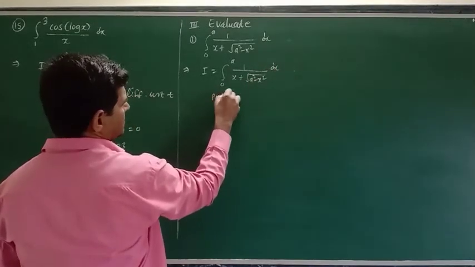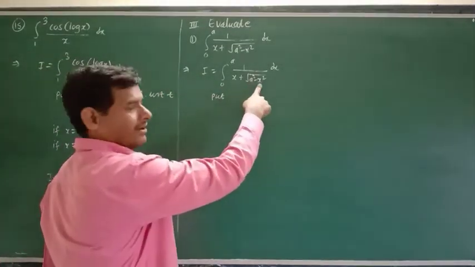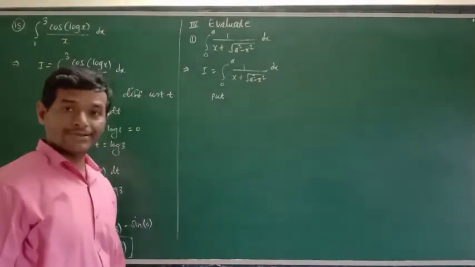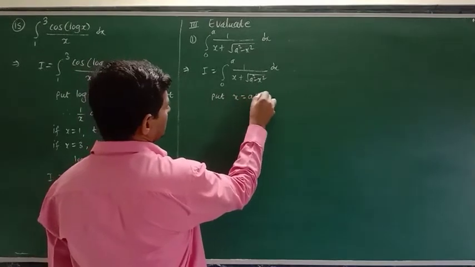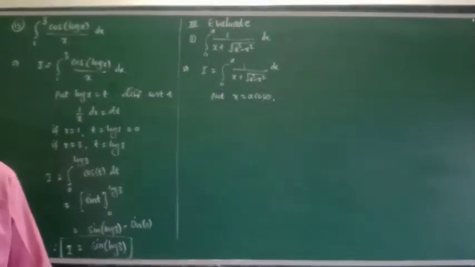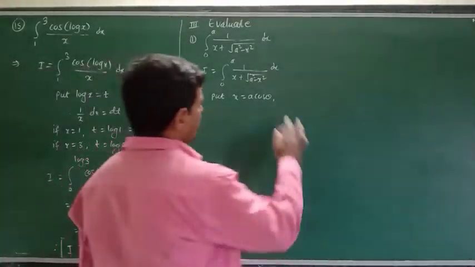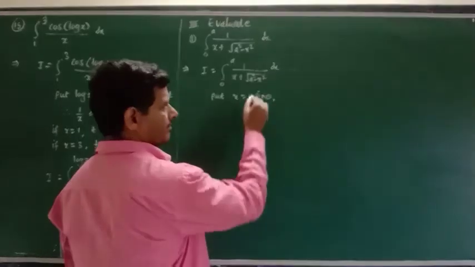If there is a term a square minus x square in the integral, then we use the substitution x is equal to a cos theta or a sin theta. Here I put x is equal to a sin theta.